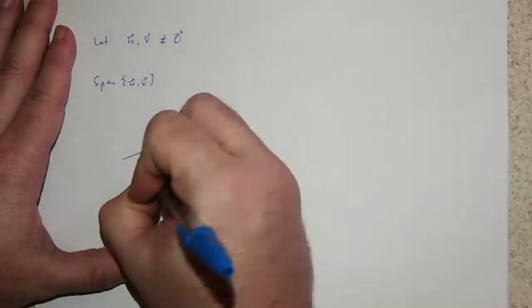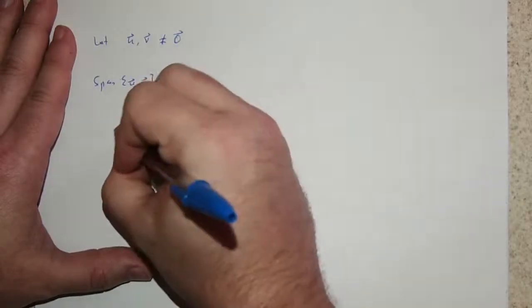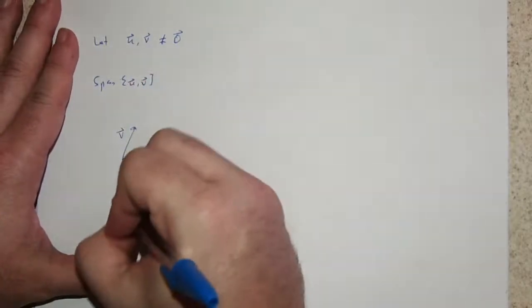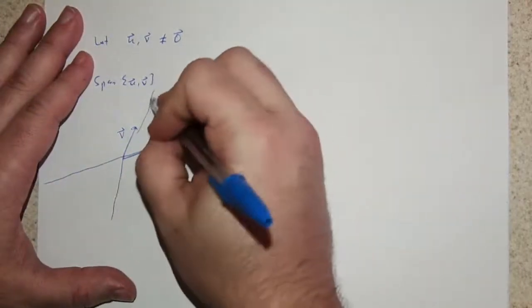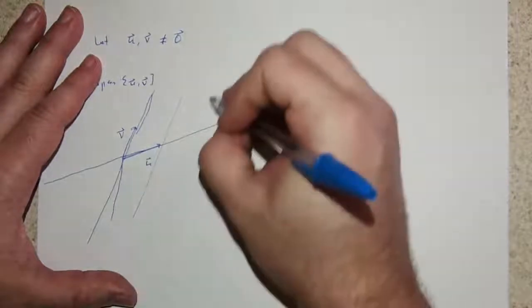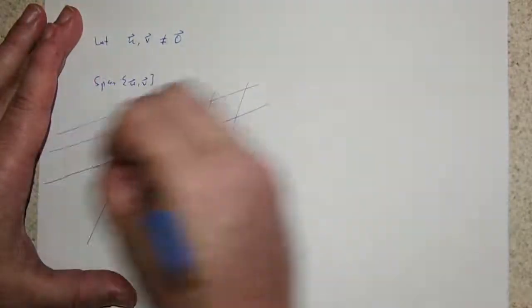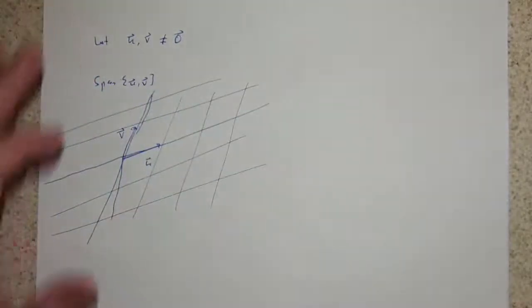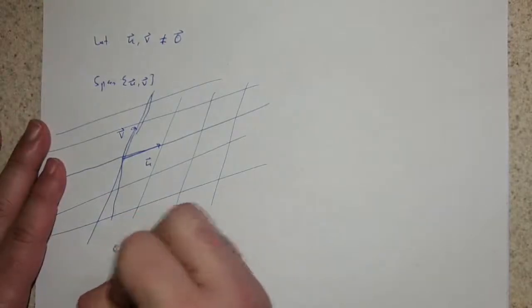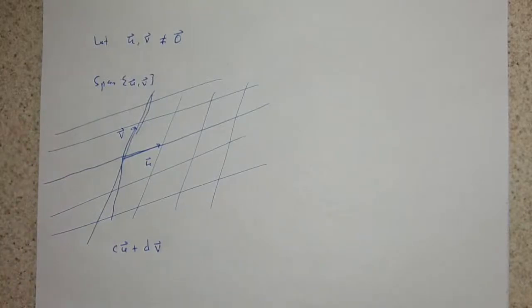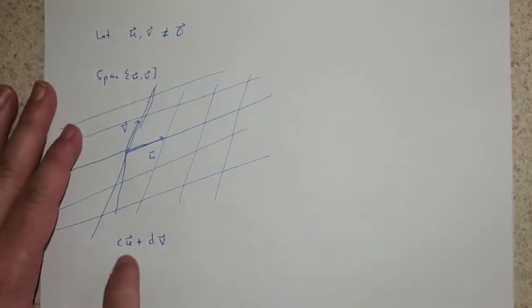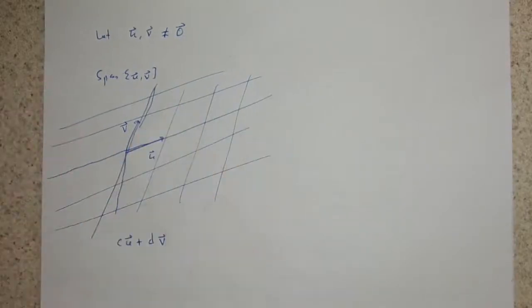So sometimes I have a vector u and a vector v, and they span an entire plane where u and v are the axes, so that everything can be written with two constants, c and d: c times u plus d times v. This is a linear combination of u and v, and anything in this plane can be written as a sum like this.